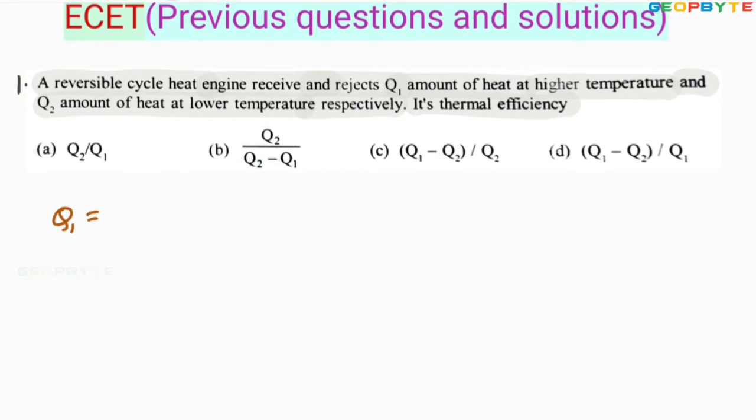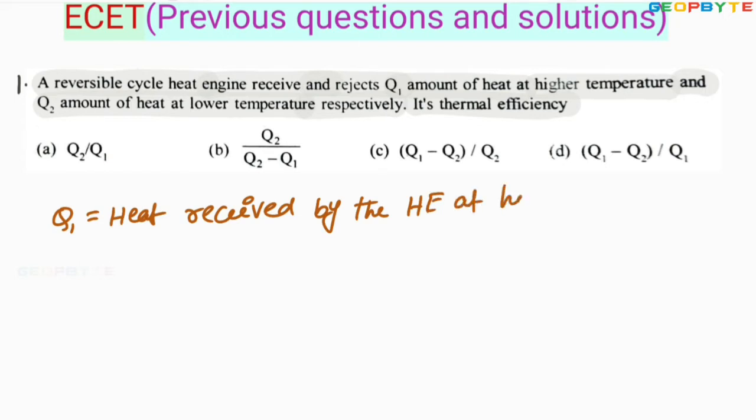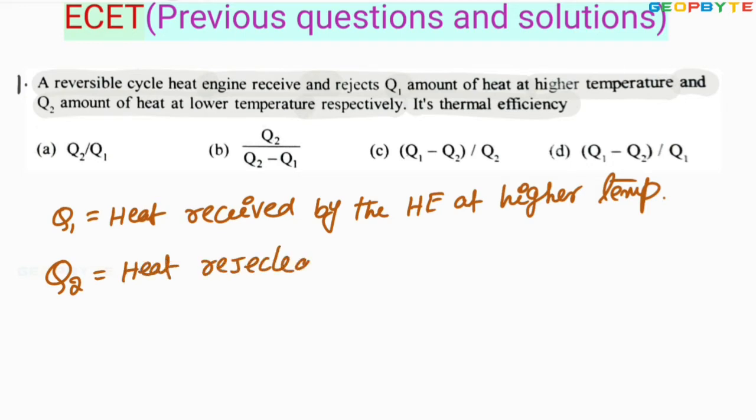Q1 equals heat received by the heat engine at higher temperature, and Q2 equals heat rejected by the heat engine at sink temperature, also called lower temperature.